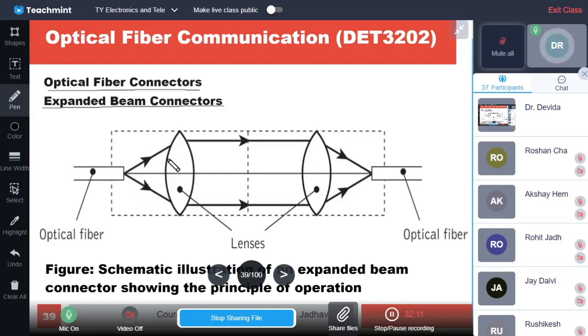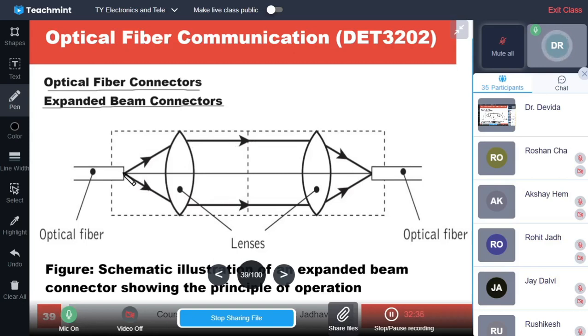That beam falls on the lens surface, and then that lens will convert that divergent beam. Divergent means going in all directions, going away from each other. This lens converts that divergent beam into a parallel beam.